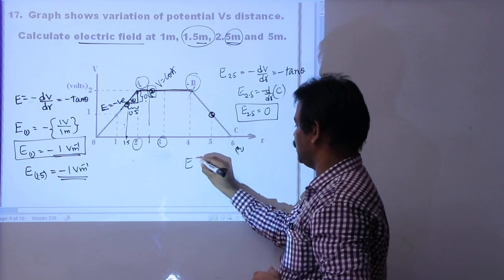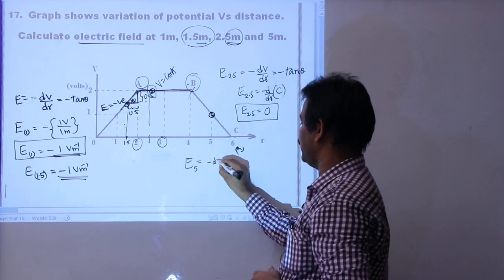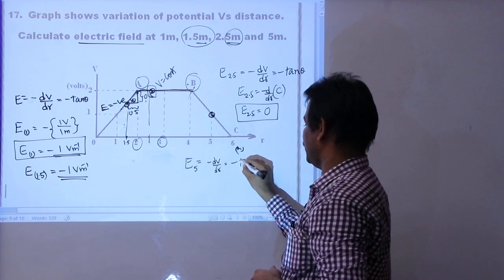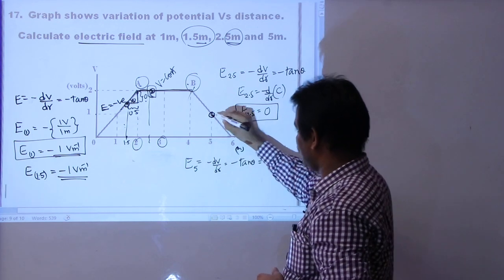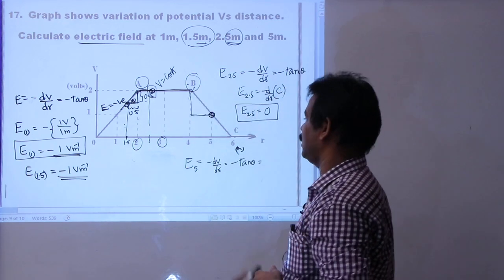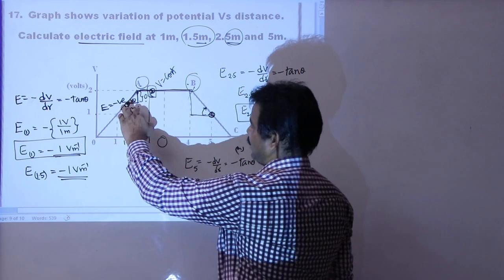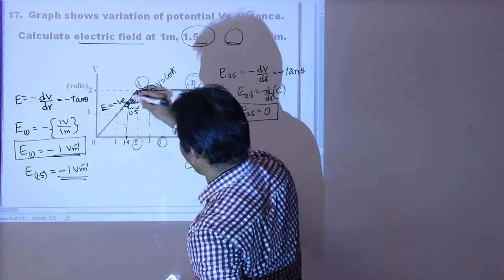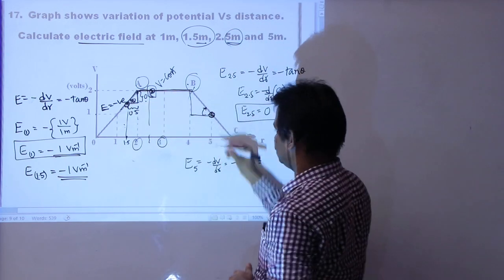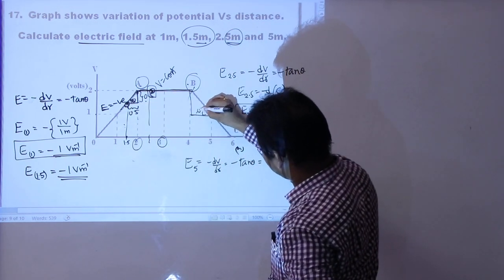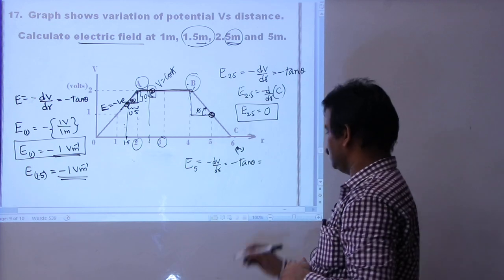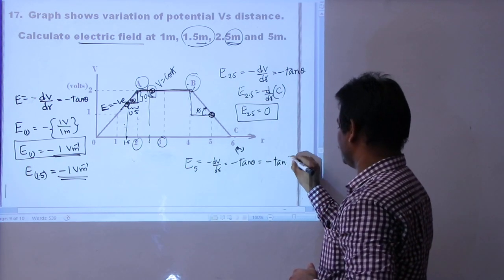Now the electric field at 5 meters. Here the electric field at 5 meters is given by minus dV by dr, which is minus of tan theta. If you construct a right angle triangle here, this is the angle. But remember, students, the angle measured in the anti-clockwise direction is positive. Here theta itself is negative, so theta is equal to minus.